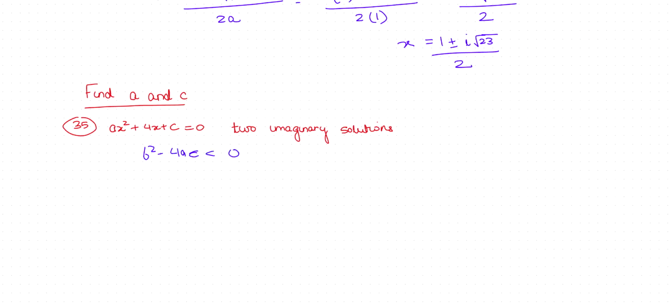So b here is 4. So 4 square is 16 minus 4ac should be less than 0. So this will give 4 minus ac should be less than 0. So minus ac should be less than negative 4, or ac should be greater than 4.